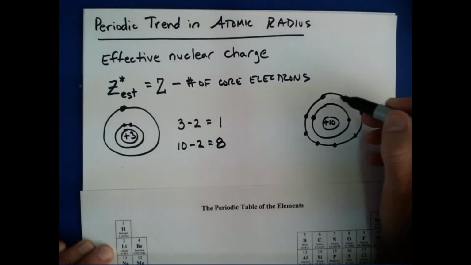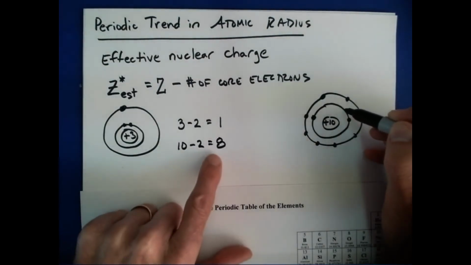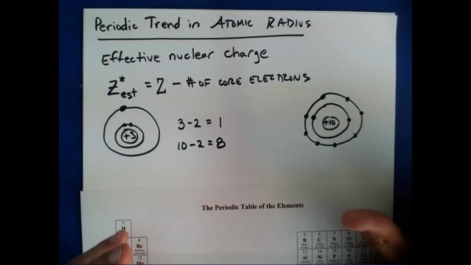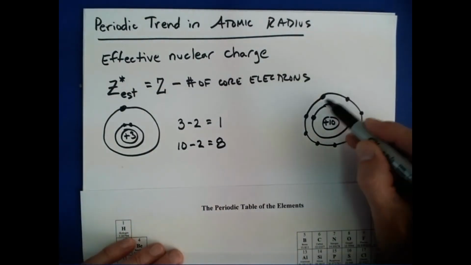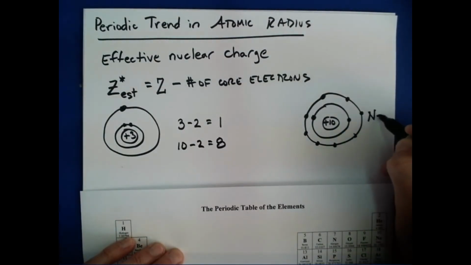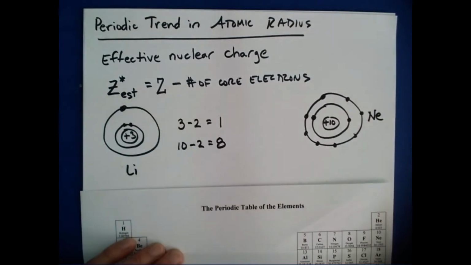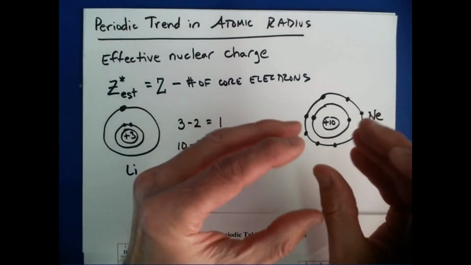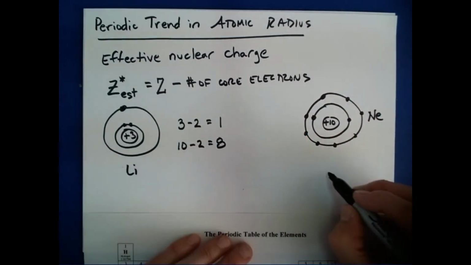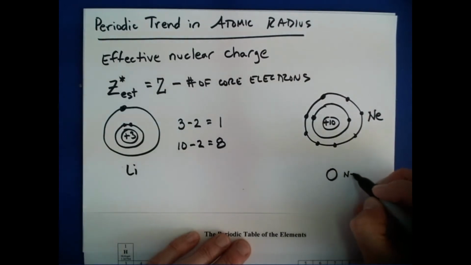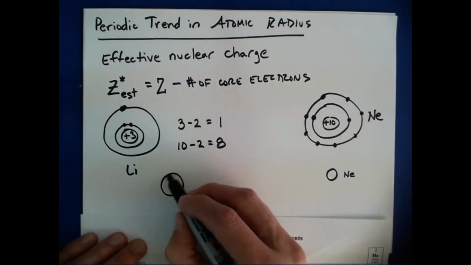That means all of these valence electrons experience a +8 pull by the nucleus. That's a much stronger attraction than is the case for lithium. As a result, the valence electrons are contracted a lot more, so we'd expect a smaller atomic radius for neon and a much larger one for lithium.